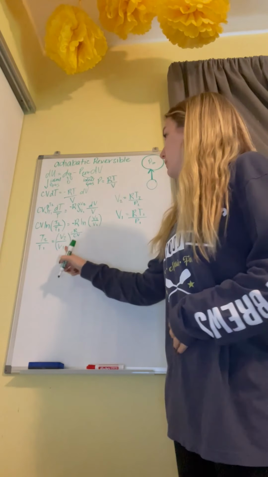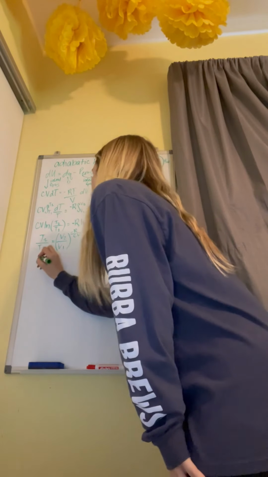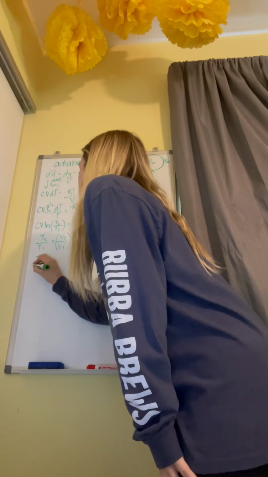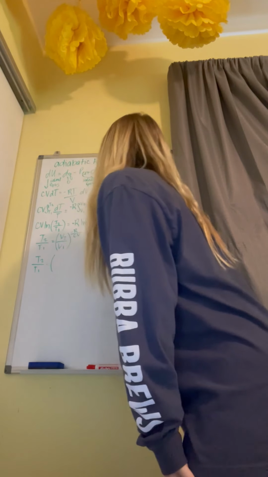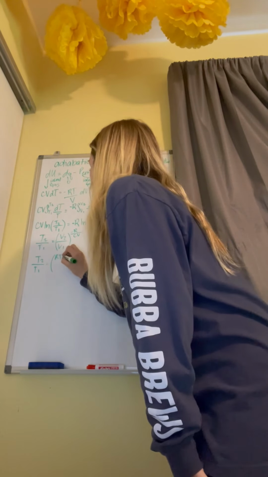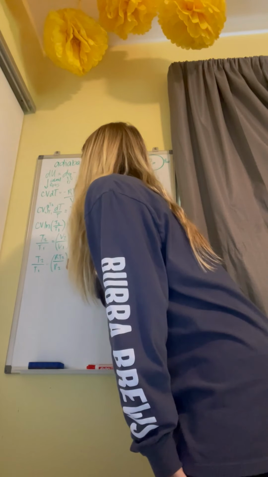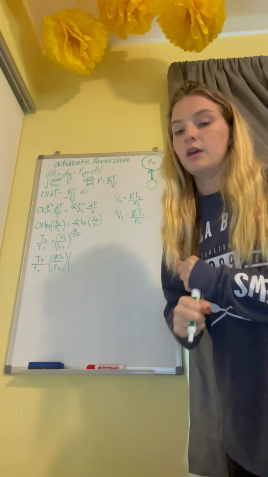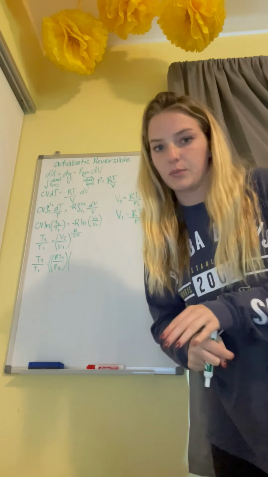Now we are going to plug our new values for V into our equation. So we are going to have T2 divided by T1 is equal to V2, which is RT2 divided by P2, and then we are going to divide by V1. But since we are dividing by a fraction, we can multiply by the reciprocal.